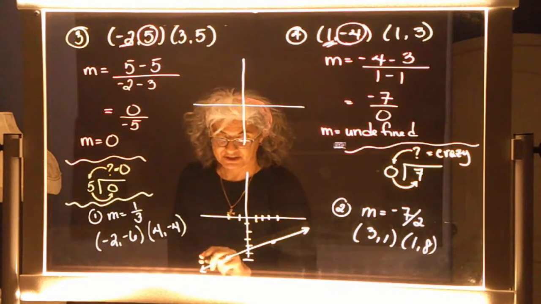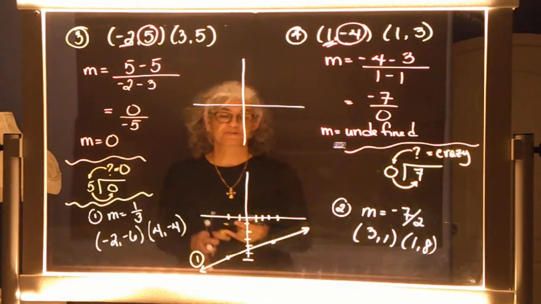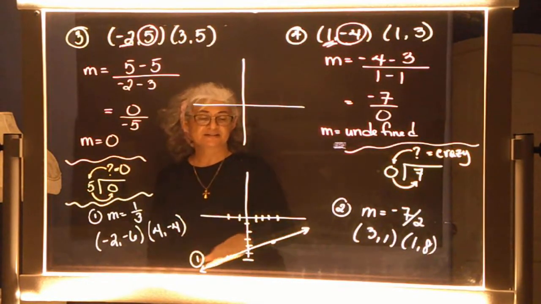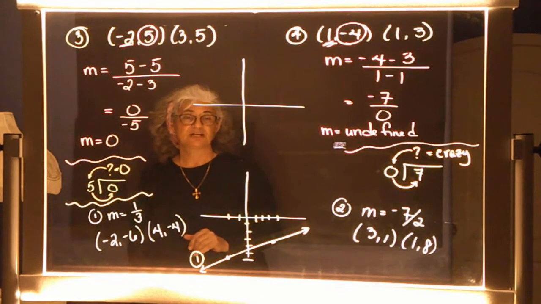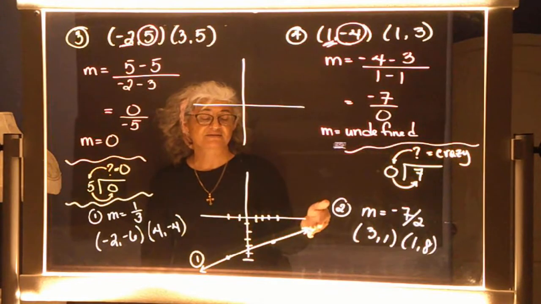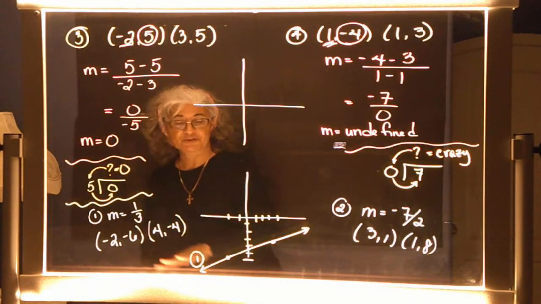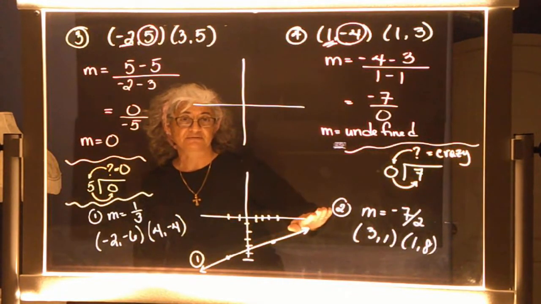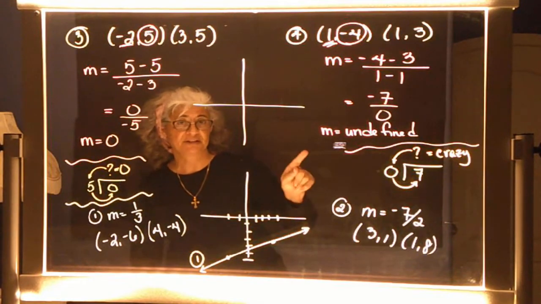All right. So this is the graph on number 1. Do you notice that this is an uphill line? We always read from left to right because we read from the smallest x's to the largest x's. When I graph the first one, I have an uphill line, don't I? I'm driving uphill, right? Good.